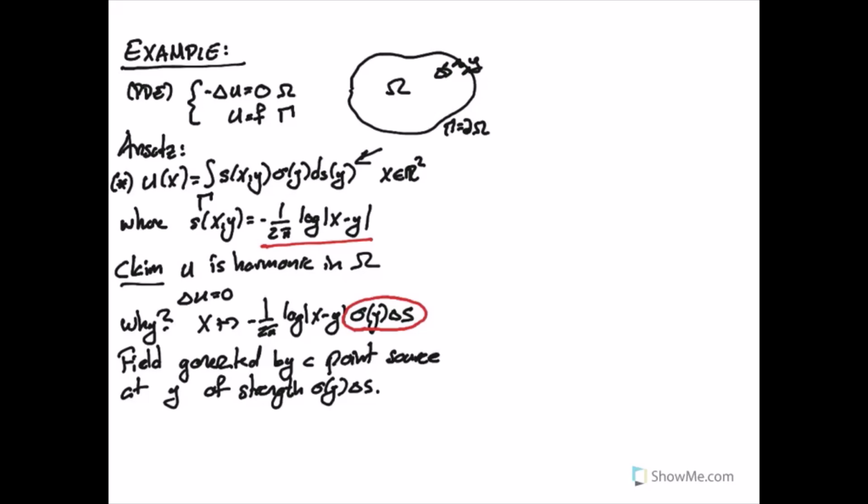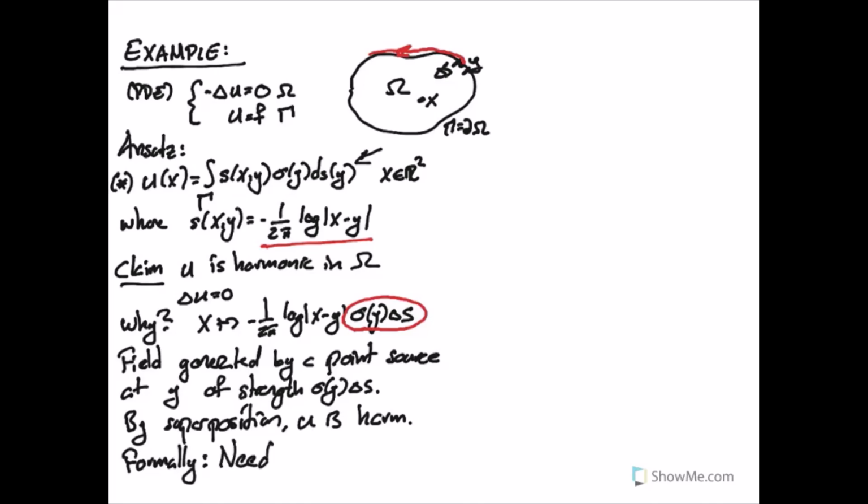So now if you integrate over the entire boundary, you just integrate all these things along the boundary, then this of course is a superposition of harmonic functions, so x here is just under the integral in the definition of u.